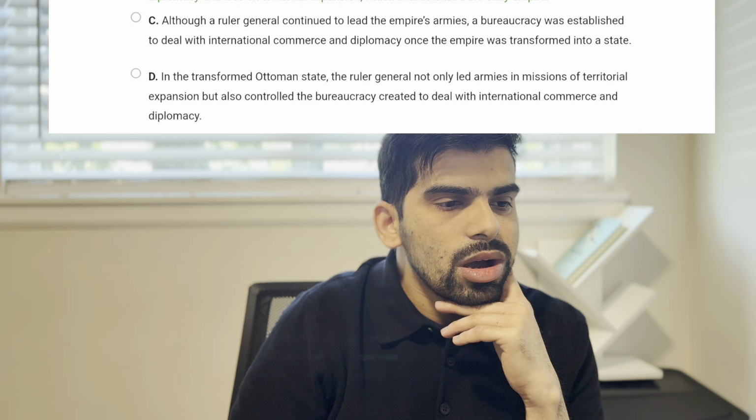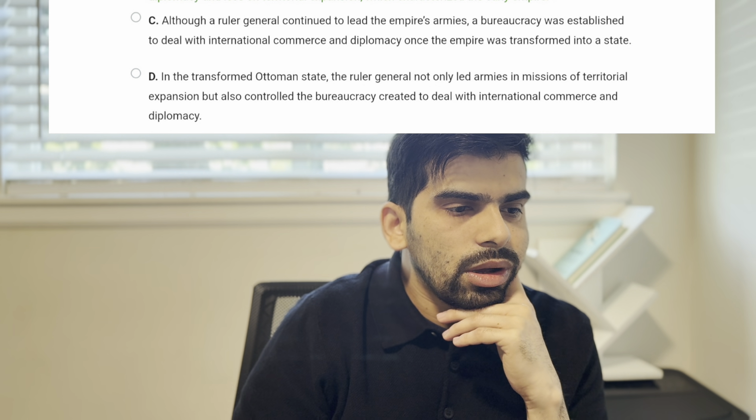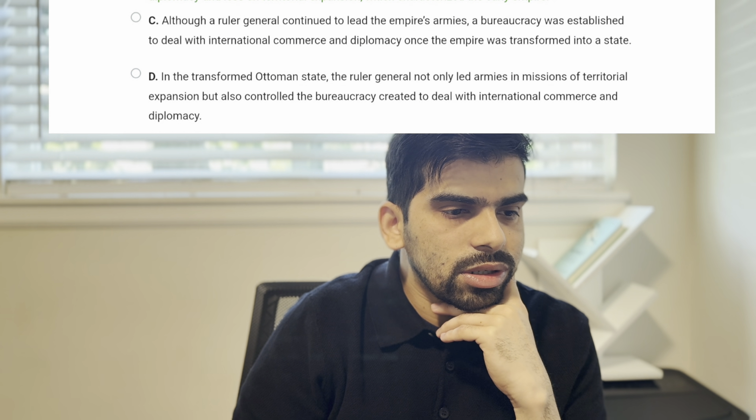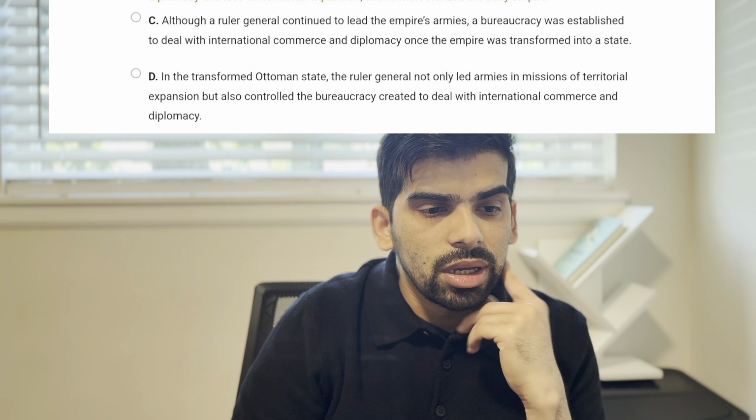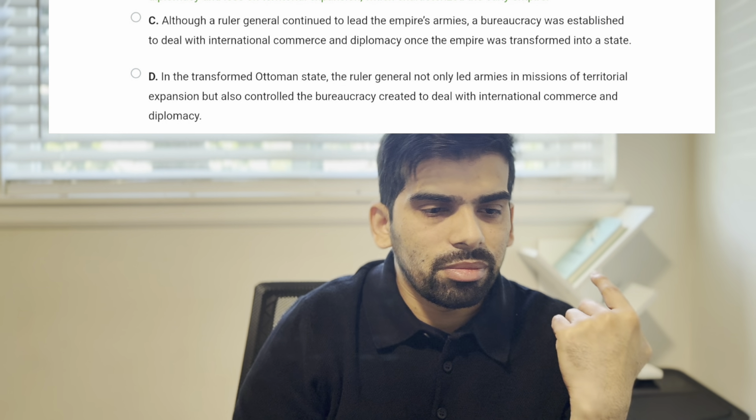Although the rulers generally contributed to the empire, the bureaucracy was established to deal with the international. Nope. In the last one, the ruler was not only leading the armies in the missions, I don't think so, but also controlling the bureaucracy and dealing with international commerce. Nope. It doesn't say anything about this information stated in this answer.